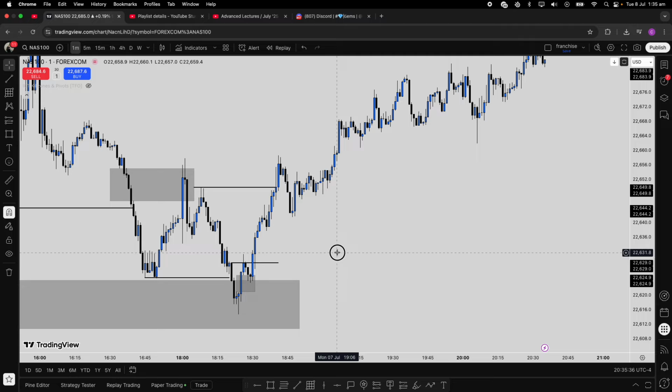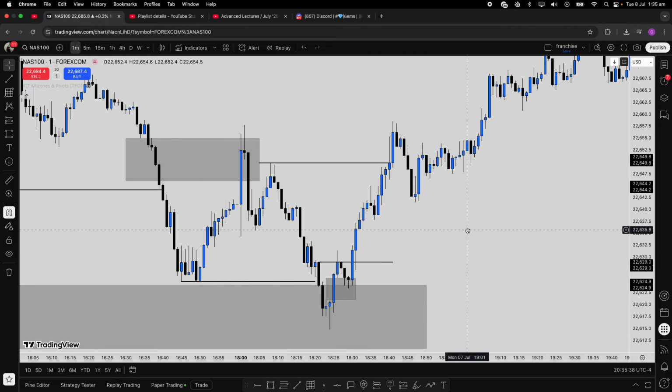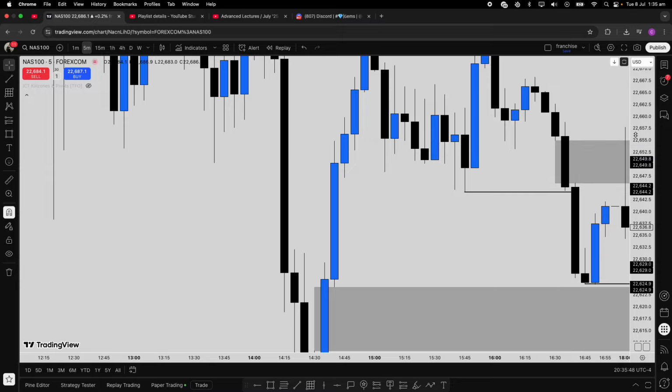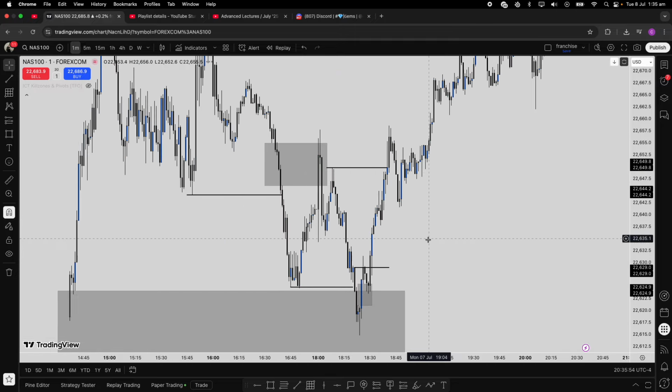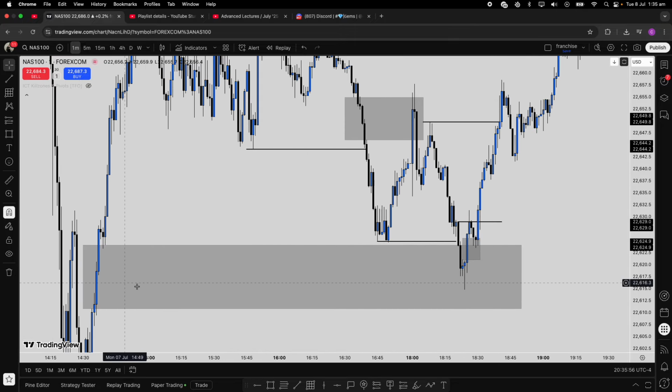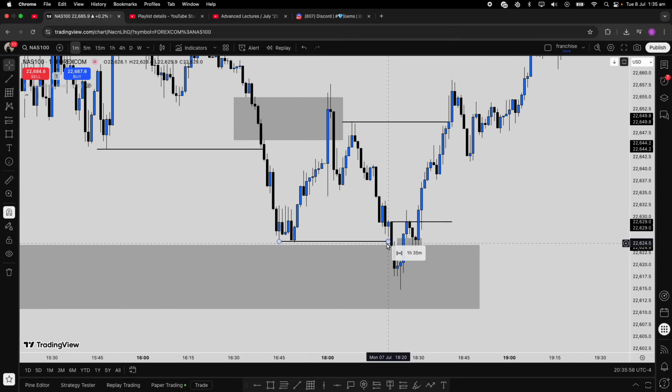I'm getting tired because it's so repetitive. Bang. What do we then do after taking external liquidity? We move to internal liquidity, which I already showed you, the 5-minute time frame. Here. Even just disregarding the higher time frame IRL, we took out this low.